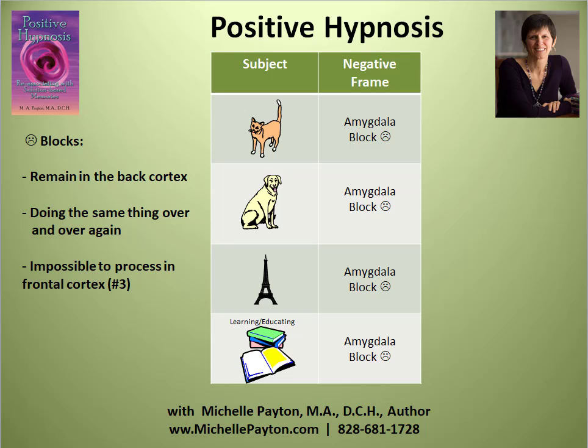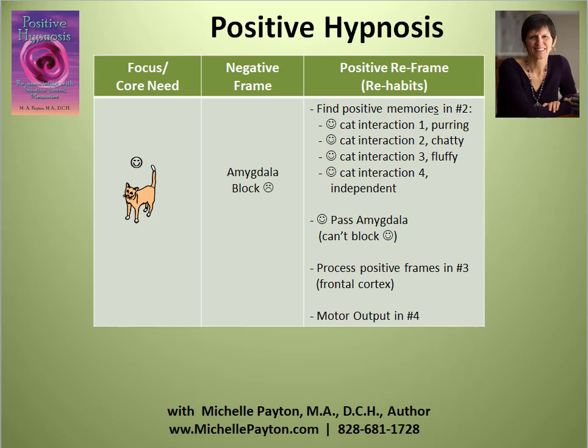And the definition of insanity is doing the same thing over and over again and expecting different results. So if we want different results, it has to become possible that we can pass that amygdala to get into the frontal cortex.